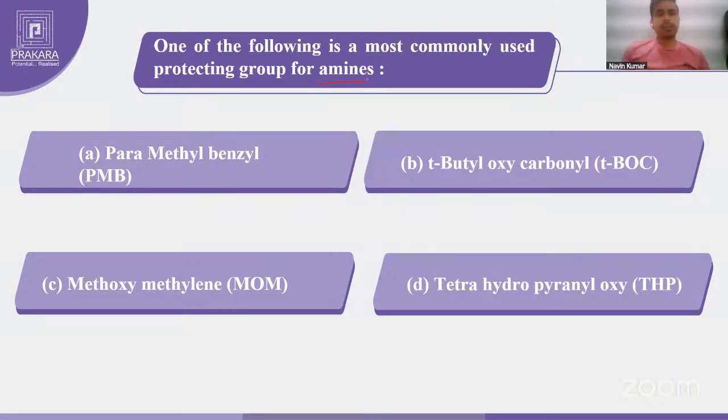The question is very normal. It's talking about the commonly used protecting group. Basically two terms are there, protecting and deprotecting. We use a protecting group when our molecule has more than one functional group, but we want the reaction to go at only one functional group.